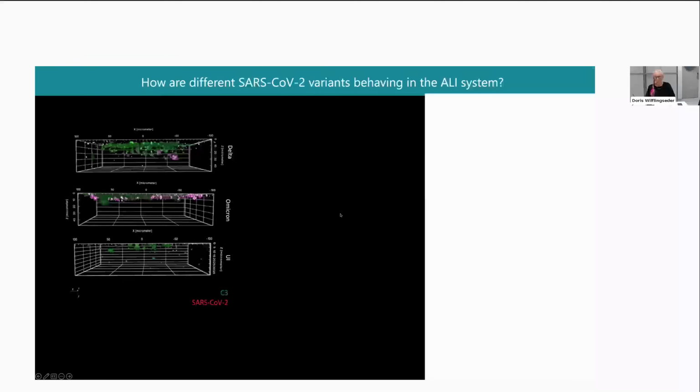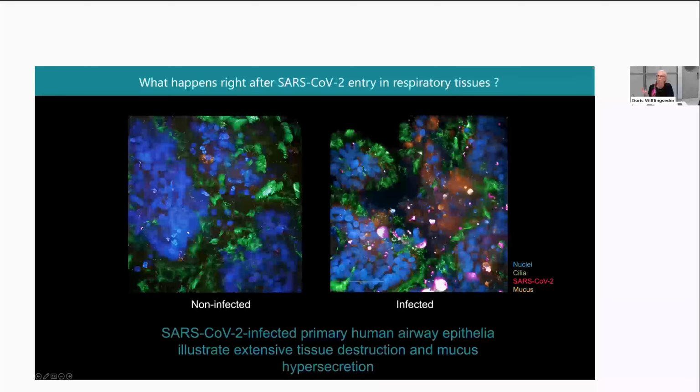Just to mention, this mucus hypersecretion was also described in critically ill COVID-19 patients at that time. So we thought that this relatively not so complex system, which just consists of a differentiated epithelium, nicely reflects what's happening at barrier sites also in COVID-19 patients.